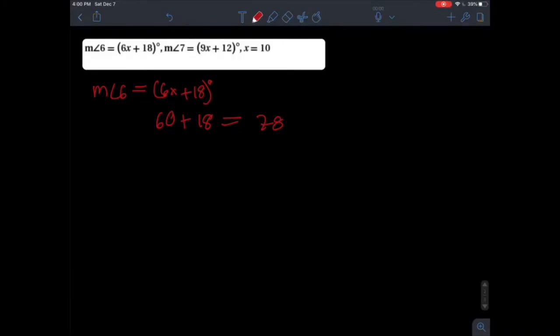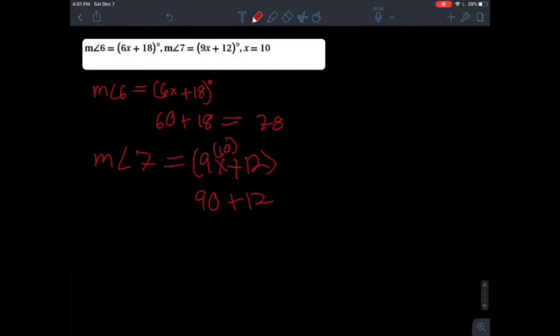Now we have measurement of angle 7 equals 9x plus 12. So 9 times 10 is 90 plus 12, 102.